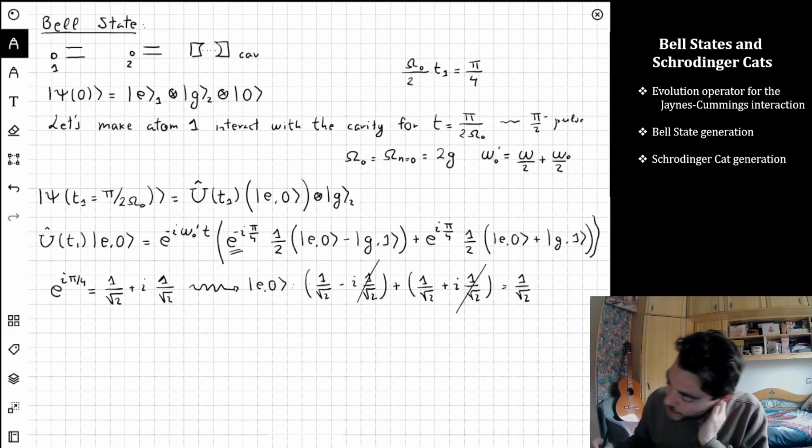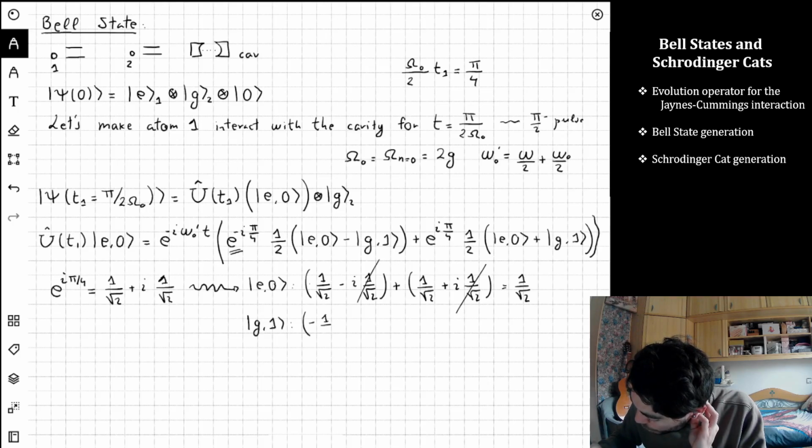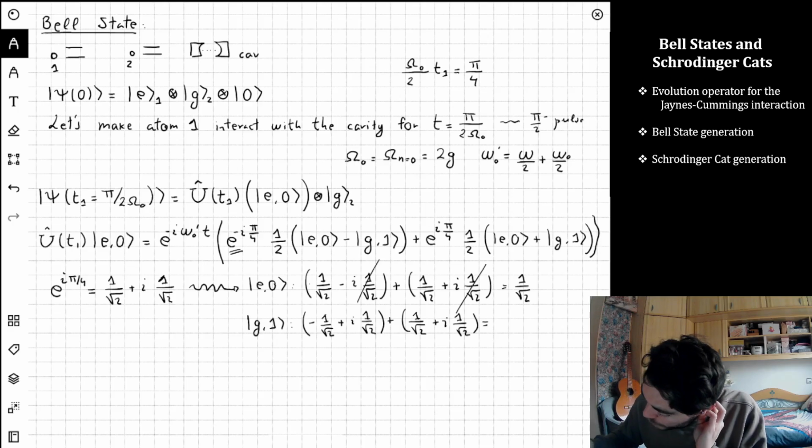That is going to multiply E0, and this is 0. And if you do the same with this G1 state, it's the opposite, right? Because now the G1 here has a negative sign, so it's minus 1 over the square root 2 plus i 1 over the square root 2, and here you have the same, 1 over the square root 2 plus i 1 over the square root 2, and now it's the real part that goes away, and you get i 1 over the square root 2.